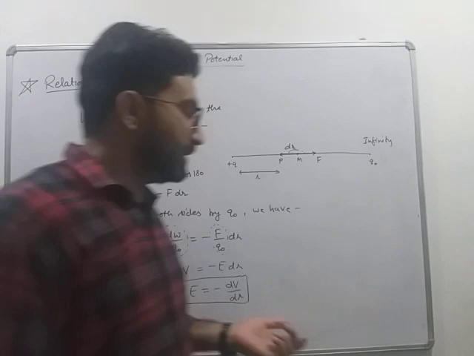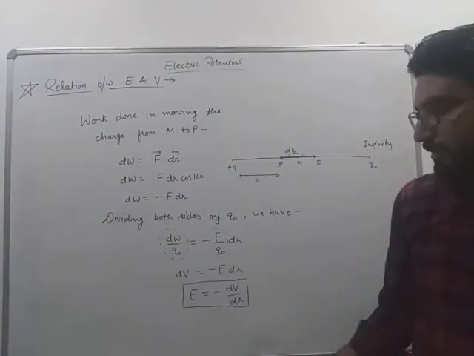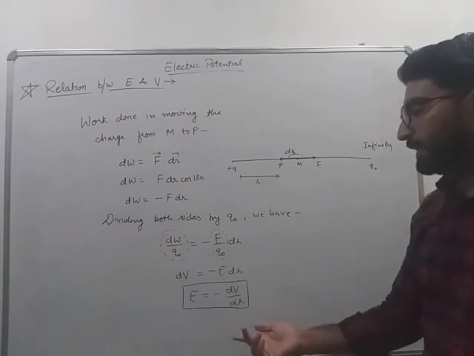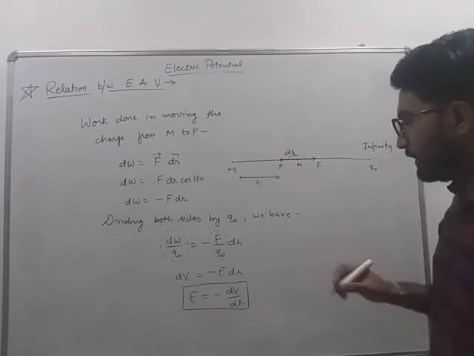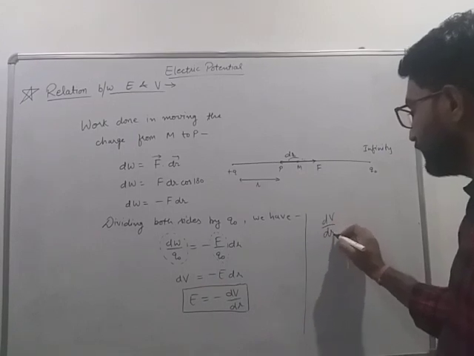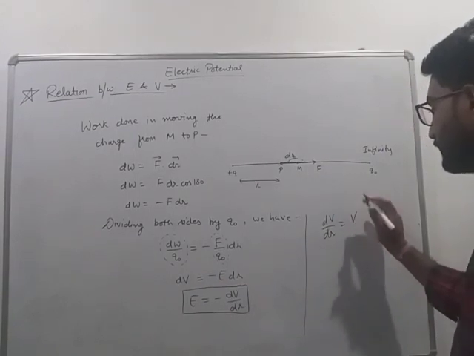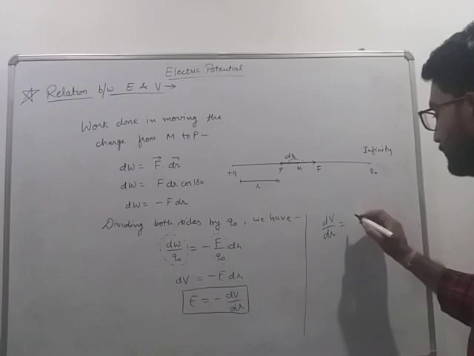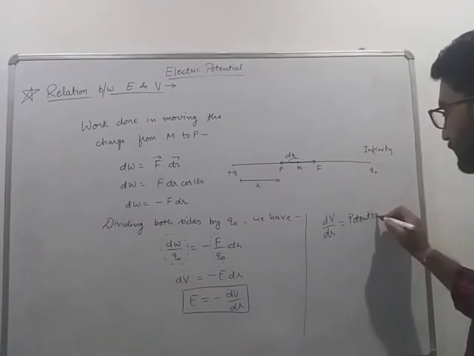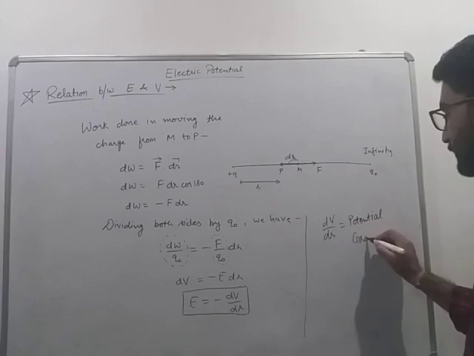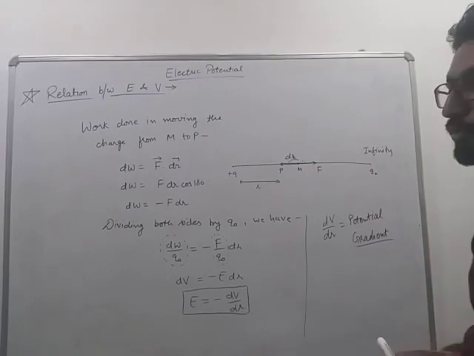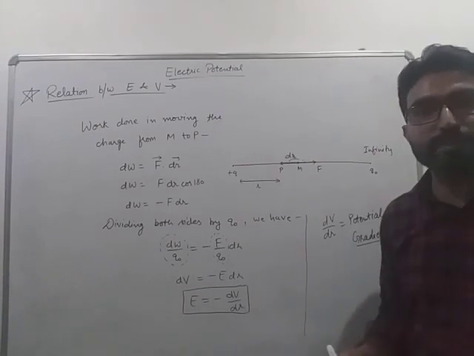From here we can easily see that the electric field is the negative derivative of potential, and the term dV by dr is known as the potential gradient. Here the gradient means the rate of change of a quantity with respect to length.